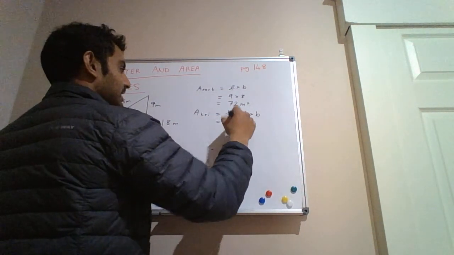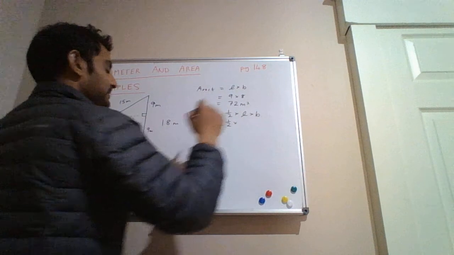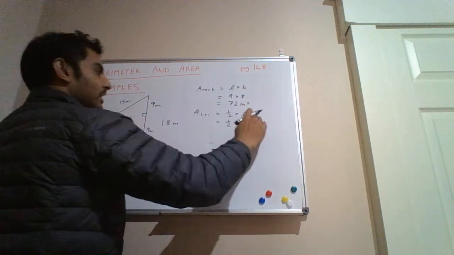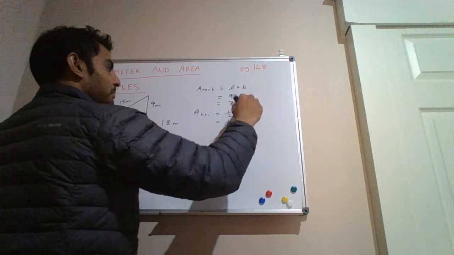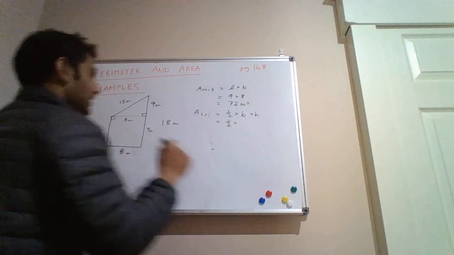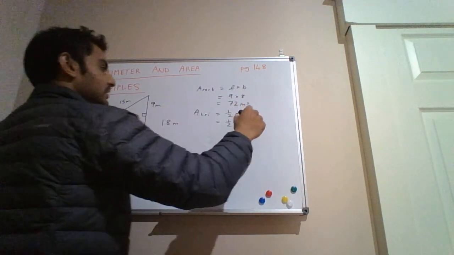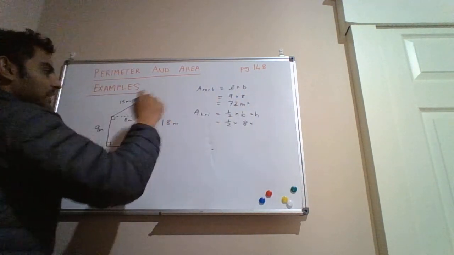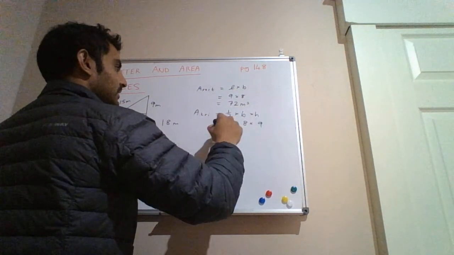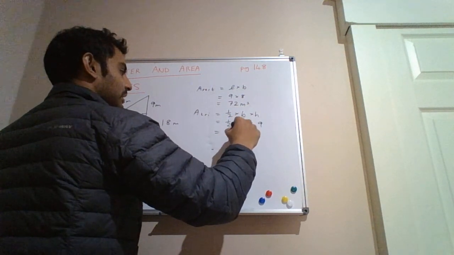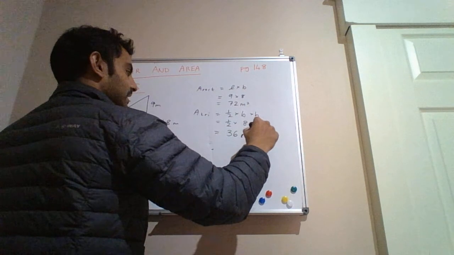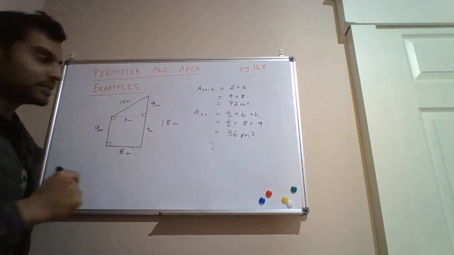So we substitute these values. A half times base times height. Our base is 8 and our height is 9. So our area comes out to 36 meters squared.